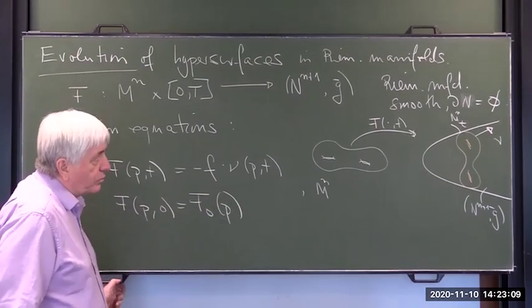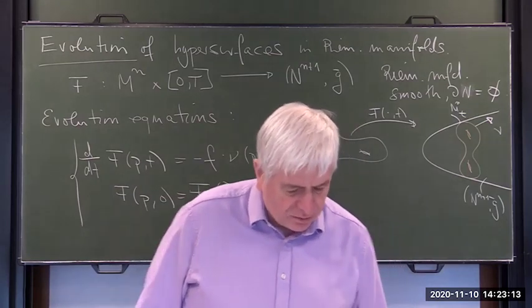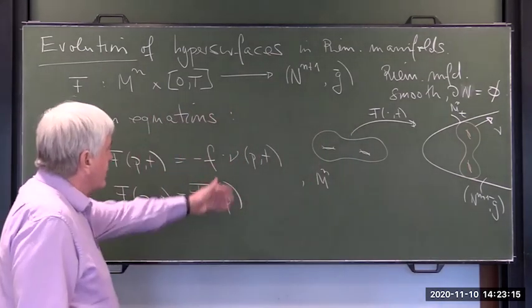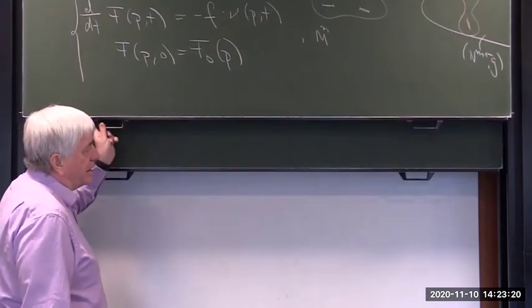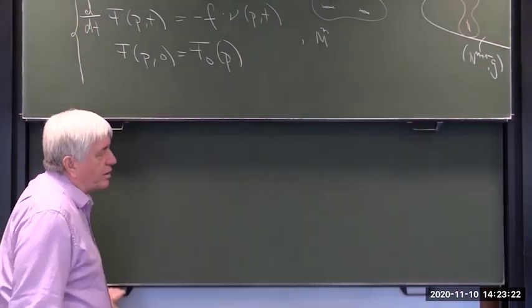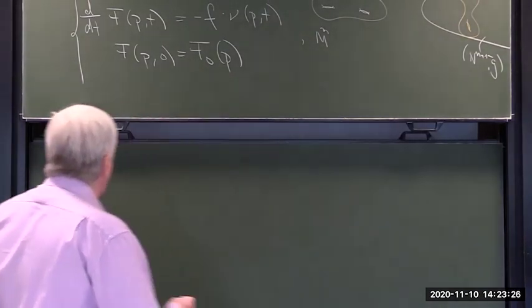And if you have this setup, then we would like to see what kind of interesting functions f we can look at. And the most geometrically natural things are when the f is a function of the second fundamental form.